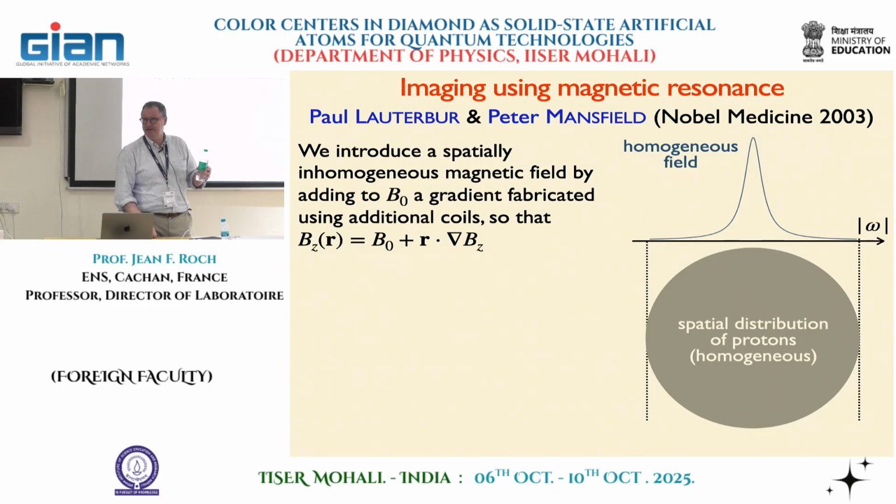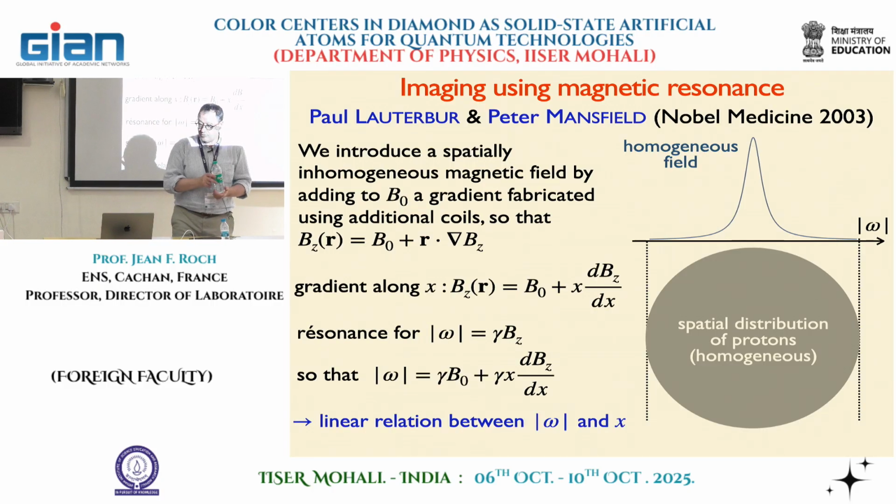And of course, when you're close to the edge of the bottle, we have fewer spins, and then progressively you can imagine that you have this dome shape: the spatial distribution of protons. But now we measure it along this direction. So I've set a gradient of the magnetic field.